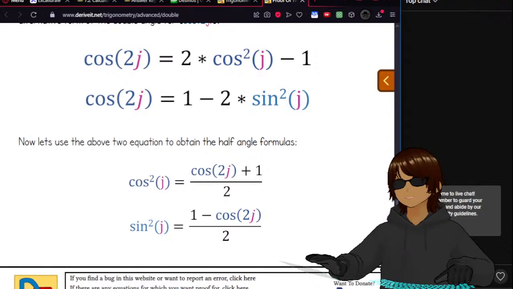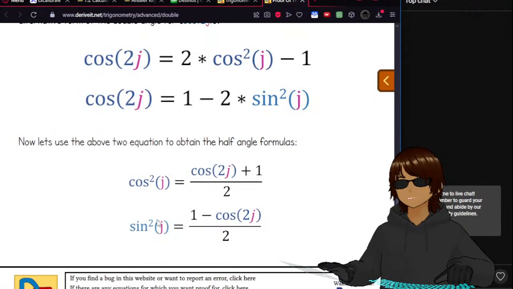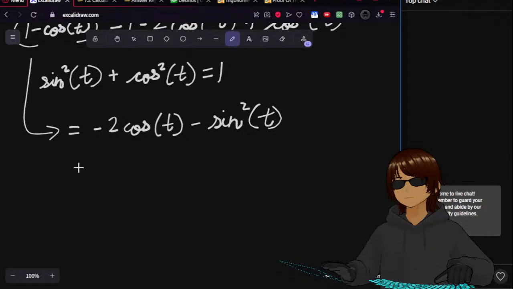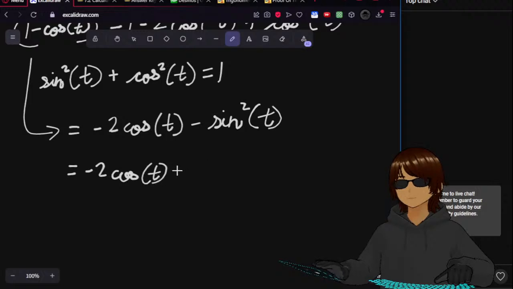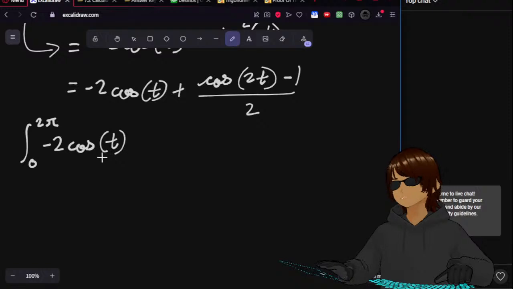Oh no, this is incorrect. I was thinking of something else. But I think I can use this as well. 1 minus cos 2t over 2. Integral, derivative of sine is cos.